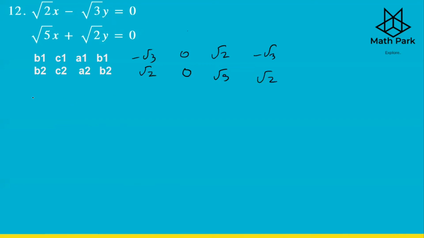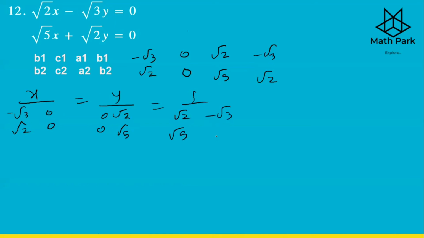Okay, now here again x upon, when we are taking here minus root 3, root 2 and 0 is equal to y upon 0 root 2 and 0 root 5 is equal to 1 upon root 2 root 5 and minus root 3 and root 2.